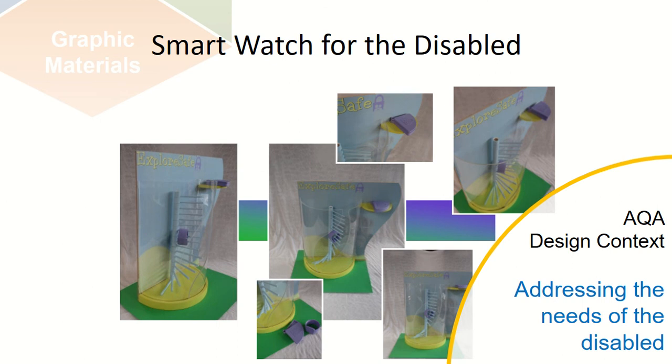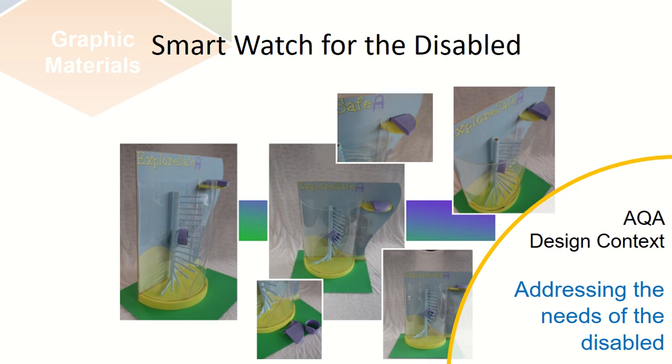And again, this product, which was like a smartwatch, tried to address the issues for parents who are disabled with hearing impairment and the anxiety they might have with regards to looking after their children. She chose to broaden her project out to include a promotional stand which would present the product in a shop.